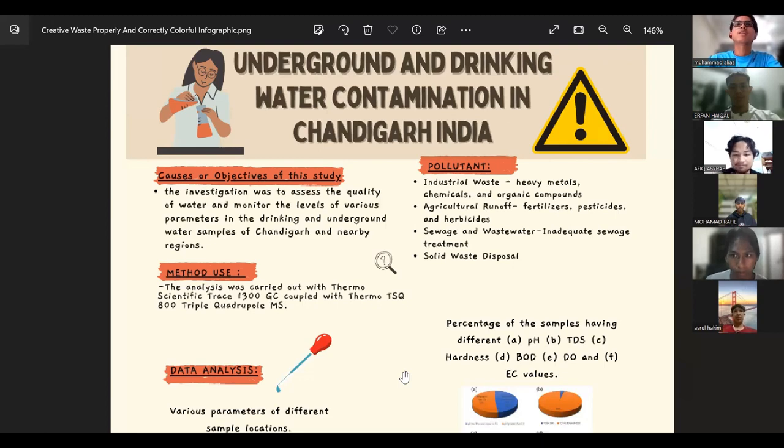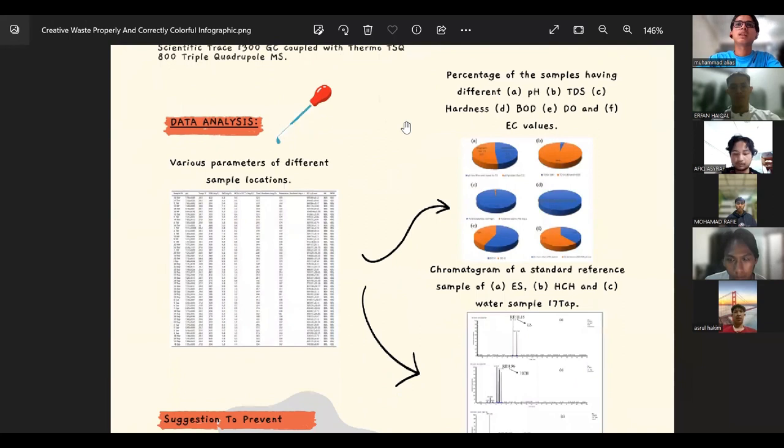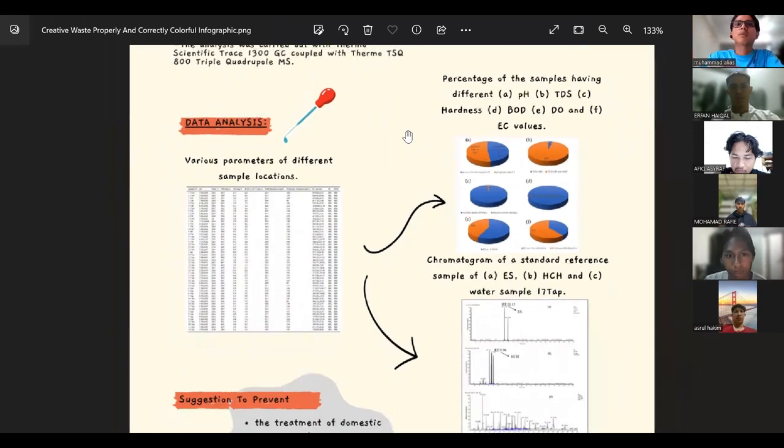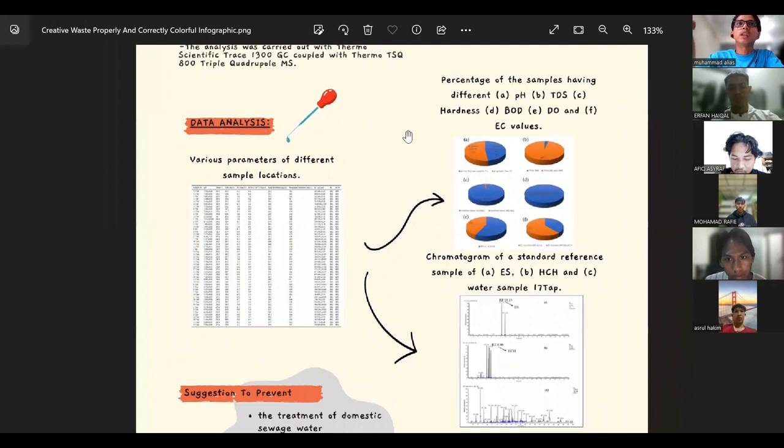Okay, so for now, I will present the data analysis for this case study. There are a lot of parameters that have been used to indicate whether the water in this Chandigarh, India area is suitable or not for daily life or as drinking water.